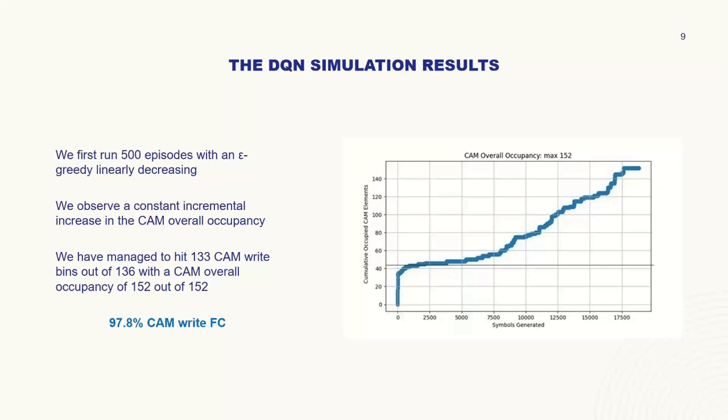Why almost the maximum? Because I always have this randomness in the policy. If I run another episode, the bins that I'm missing here will be filled. So if I merge two simulations using this approach, I get 100% functional coverage using the reinforcement learning agent.